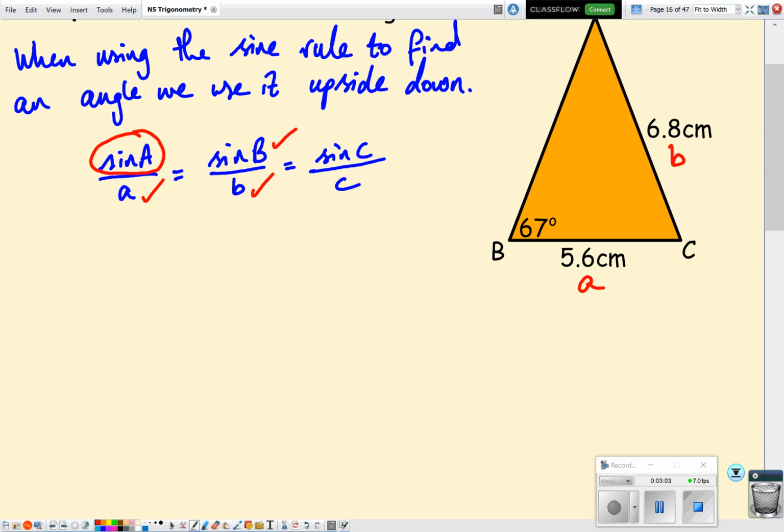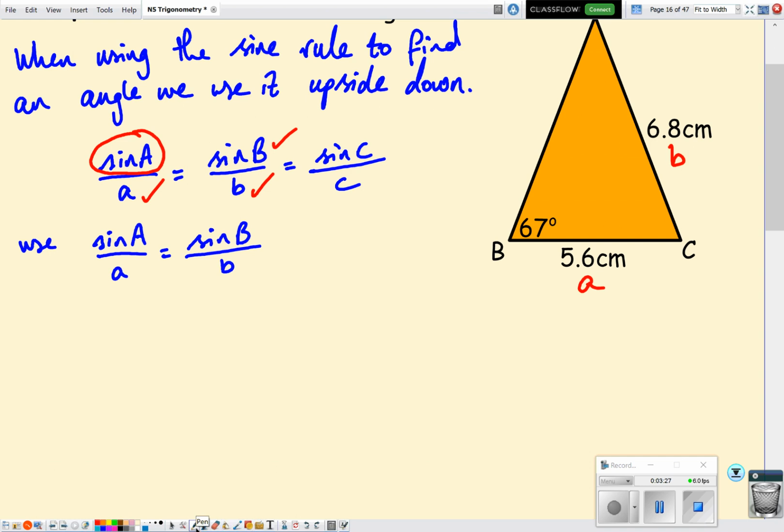And remember what I said in the last video: we're trying to find a complete pair where we know 3 of the 4 items. So obviously here we're going to use sine A over a equal to sine B over b. Okay, so we have a complete pair.